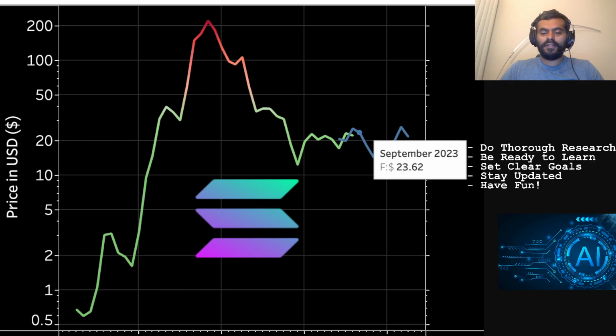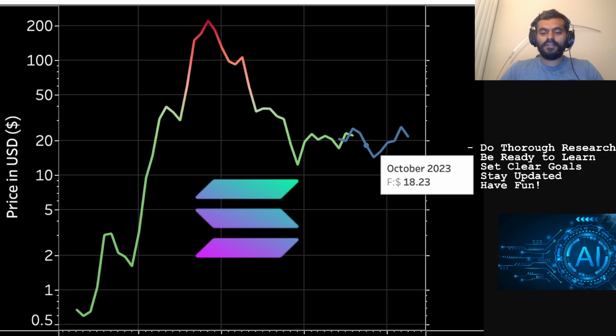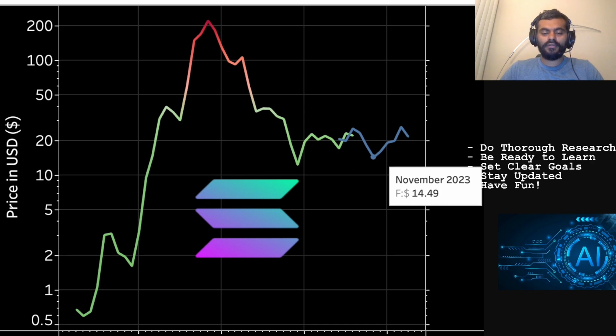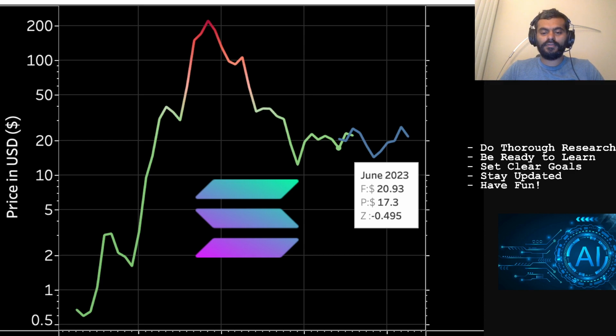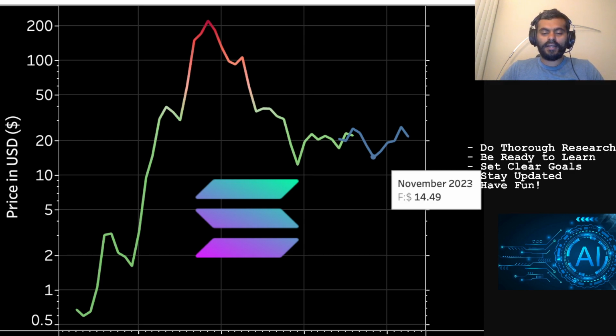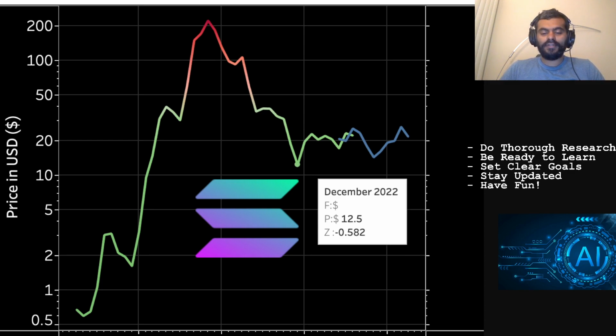September is at $23, October at $18, November at $14.50, again slightly lower than June 2023, but not challenging these lows of December 2022.